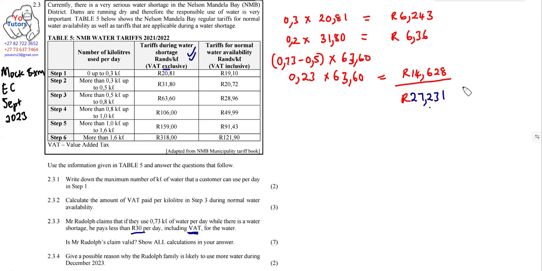But remember, this is VAT exclusive. So now we need to get VAT inclusive because they're saying including VAT. How do we get VAT inclusive? Remember, we're going to say 115 over 100, times, because we're looking at a bigger value here, 27.231.